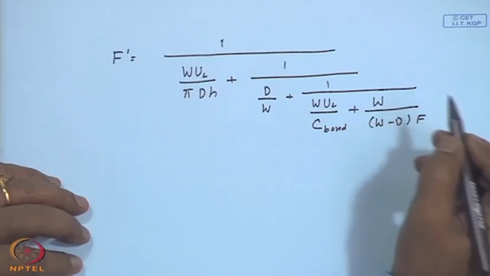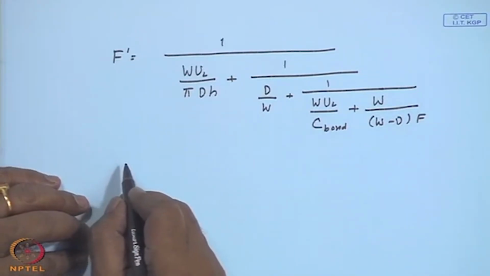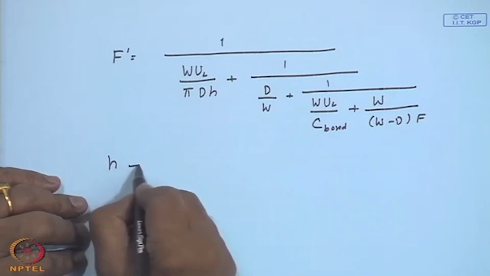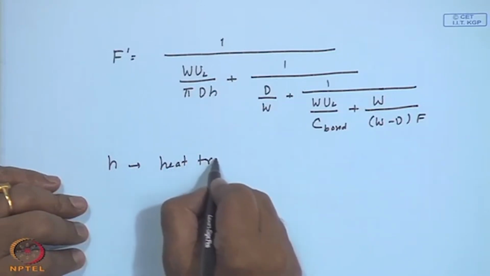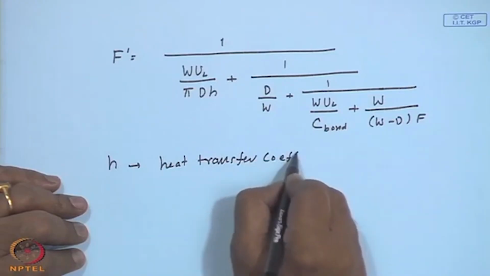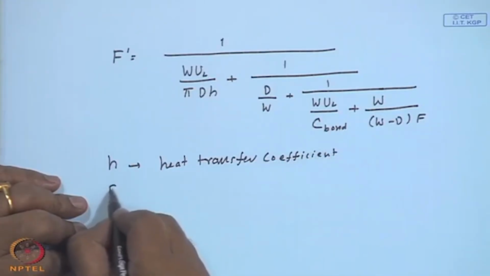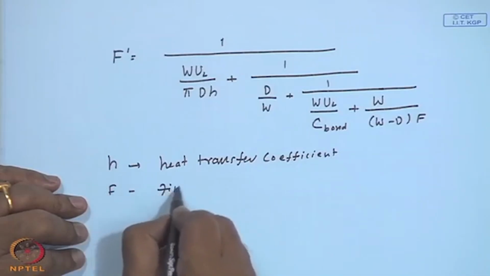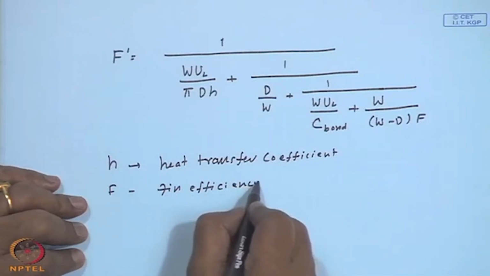What needs to be reminded is that H is the heat transfer coefficient inside the tube, and F is the fin efficiency, and F dashed, UL, D, W remain the same.